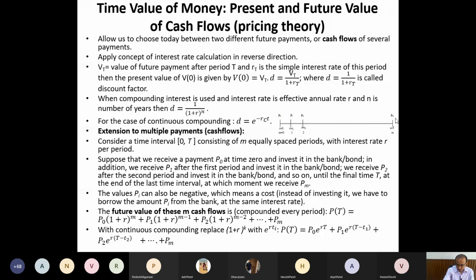And I will do it until time t equal to T. So remember, this P can be positive or negative, depending on whether we are receiving or giving the money, lending or borrowing. I hope this situation is clear. So when we program, you need to take care about this sign.